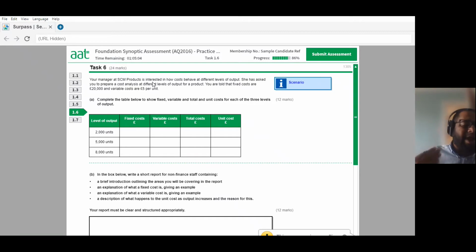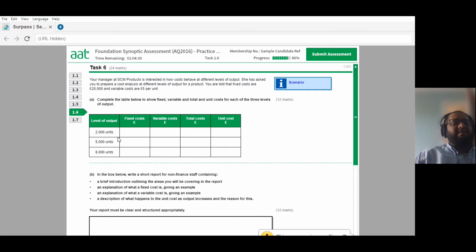I need £10 material twice and £5 labor twice. So that means £30 for 2 units. So every time you make one more, it increases by £15. That £15 itself is a fixed element, which we call the variable cost per unit. So we need to make sure to establish that now.